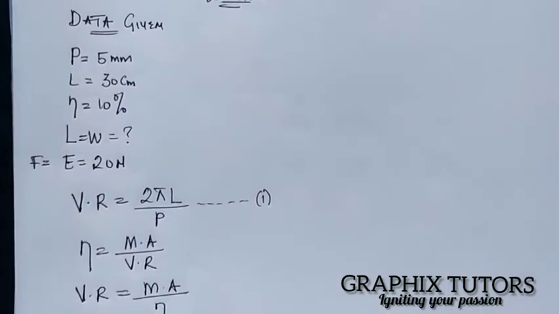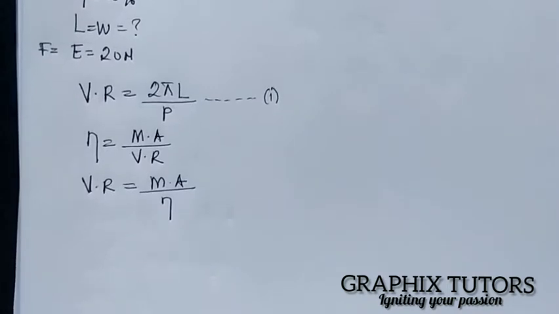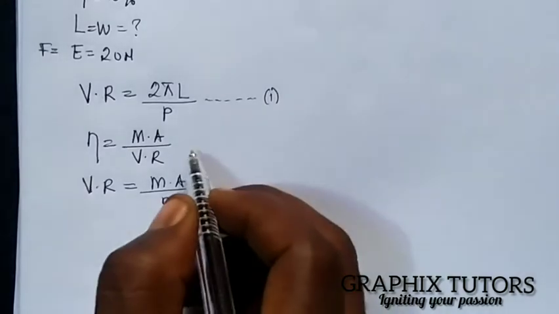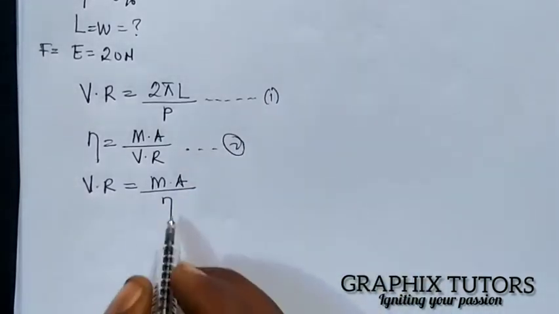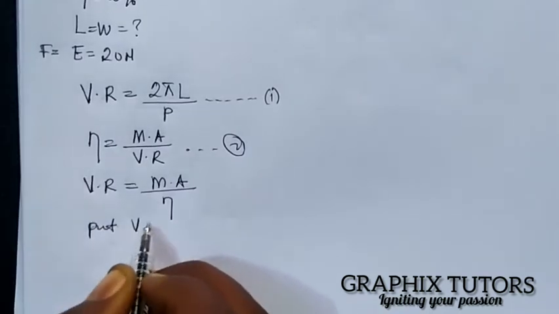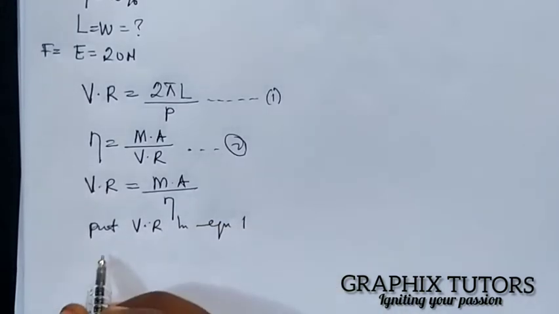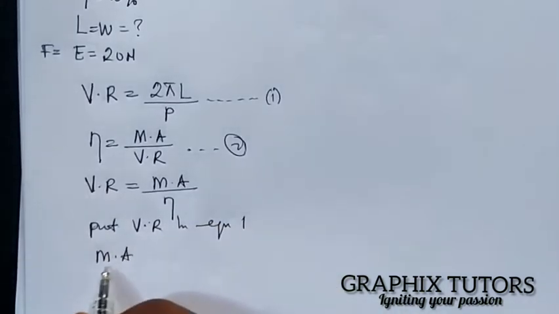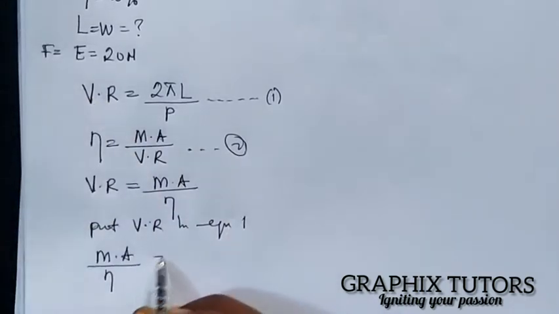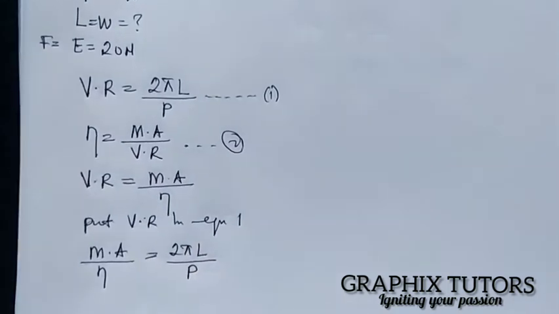So anywhere I see velocity ratio in equation 1, I'm going to put mechanical advantage over efficiency, right? So I put this VR in equation 1. So we'll now have that the mechanical advantage all over efficiency equals 2 pi L all over the pitch. Are we good?